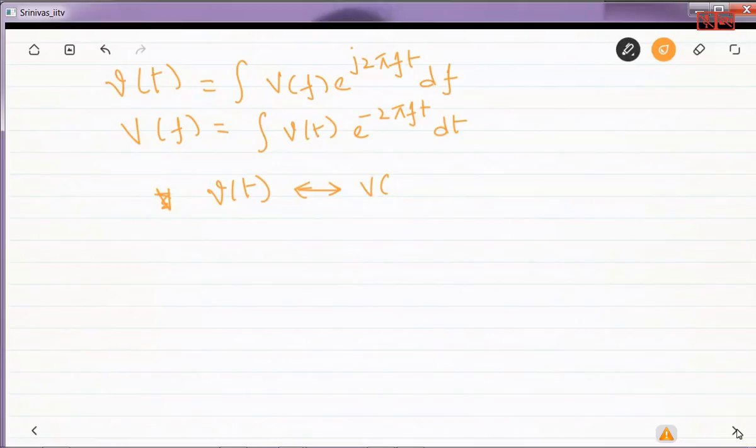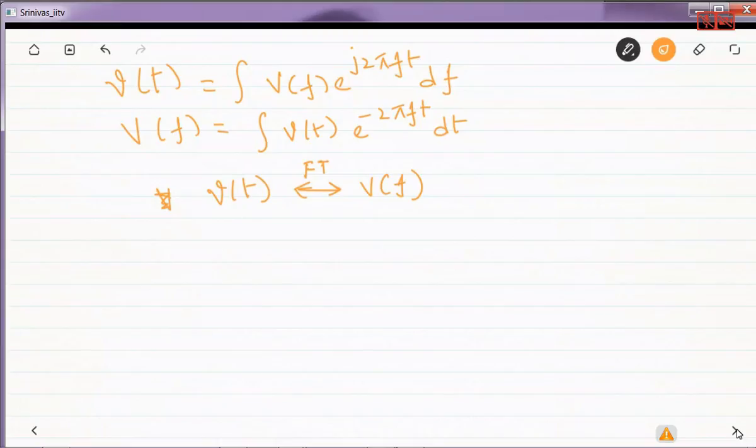If v of f is the Fourier transform of v of t, or v of t is the inverse Fourier transform of v of f, we will write them like this. This is the notation we follow. If there are multiple transforms, Laplace or Fourier or whatever, we could use other notation, but we will be dealing with Fourier transforms in this class.